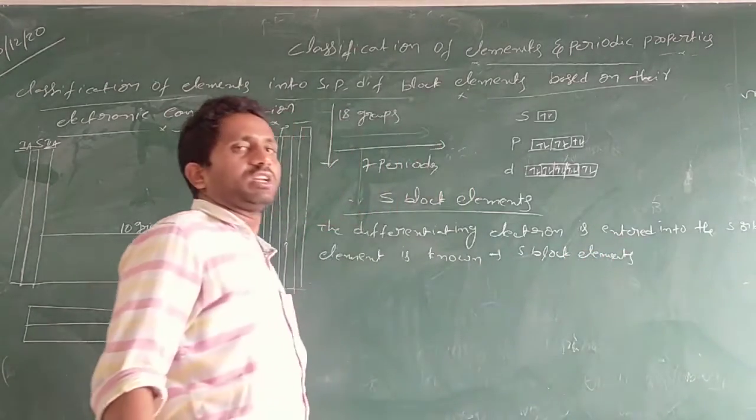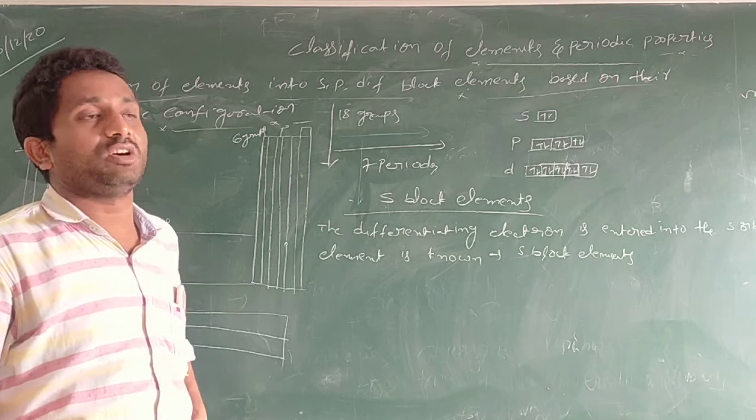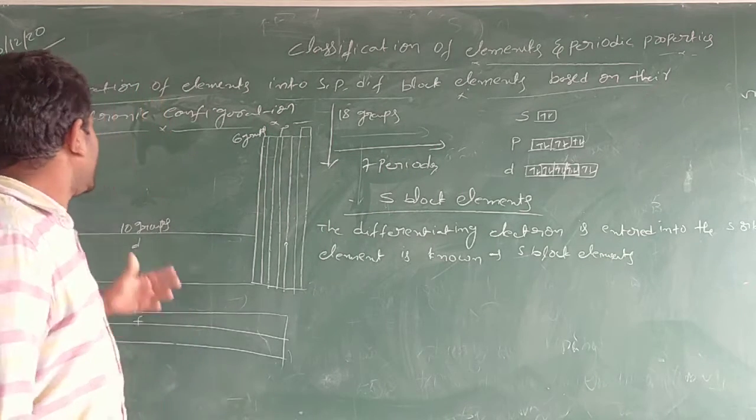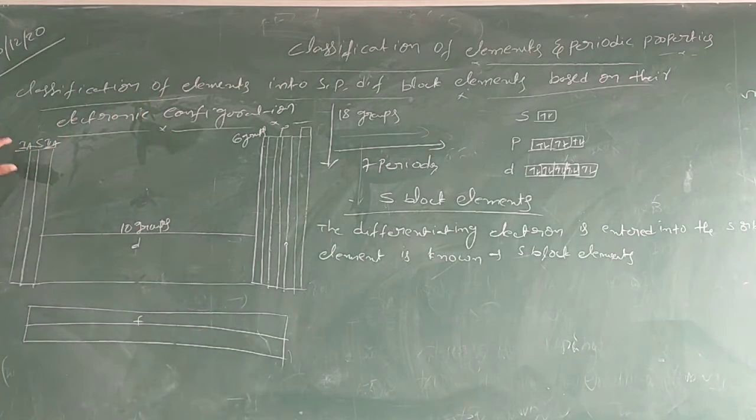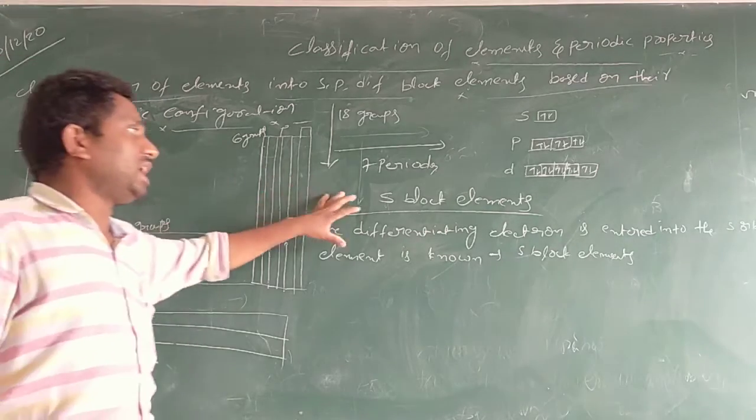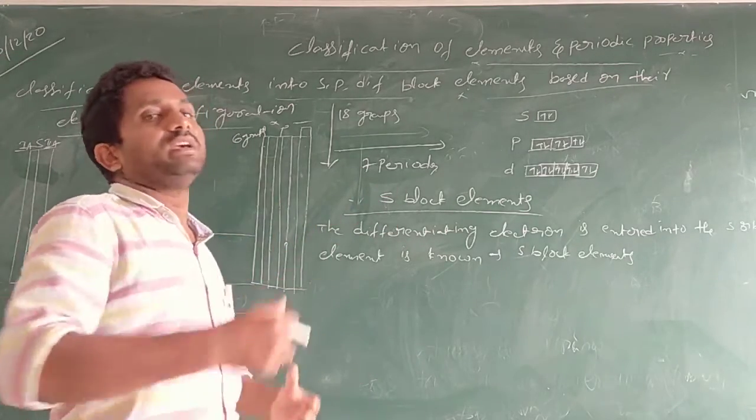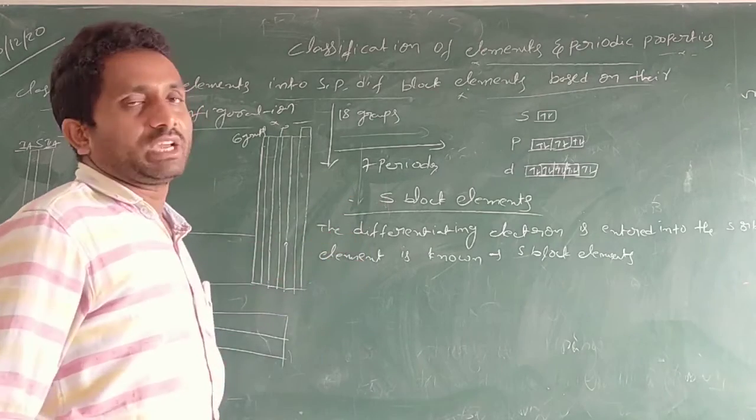The differentiating electron means the last electron of an element. Last electron of an element. If the last electron of an element enters the S orbital of the S block, we call them S block elements.